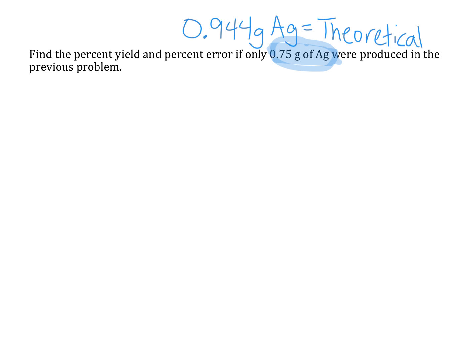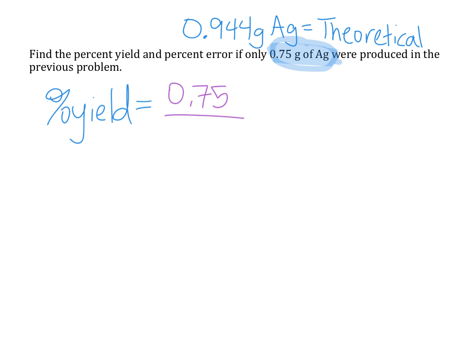So if we want to find the percent yield, that is the actual amount that we really did make in the lab. That's my 0.75 grams. Usually what you really make in a lab is less than what you were supposed to have made. Sometimes it'll be more because there might be impurities or something else in it that you're not expecting.